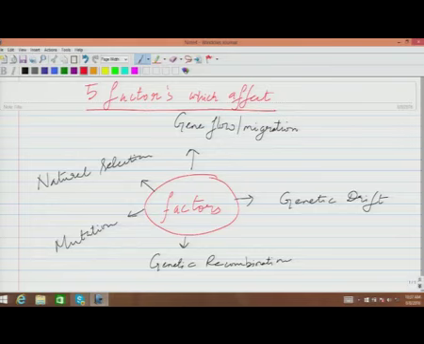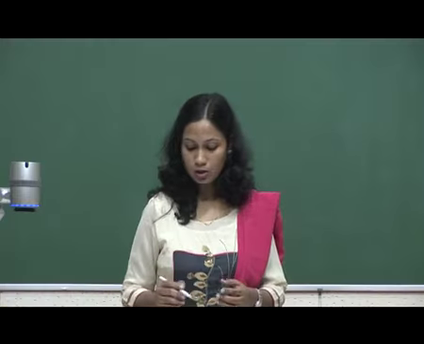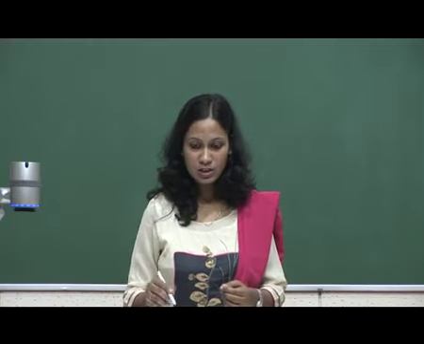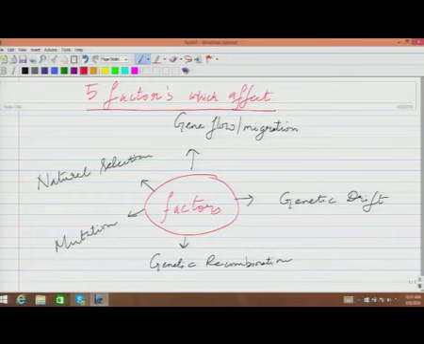You must be remembering that in class 10th you read about evolution, and there were very simple examples to explain these terms. Genetic drift: the beetle population was there, and in the beetle population there were red beetles and green beetles.